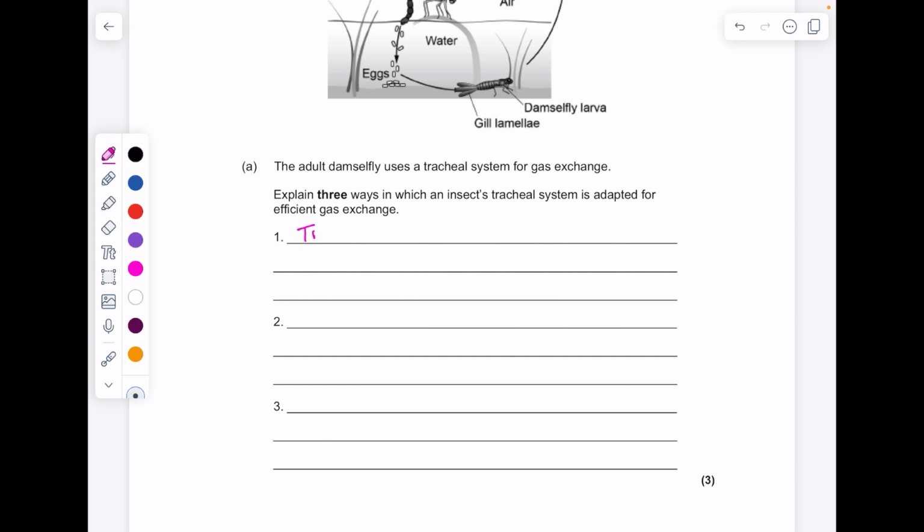Let's start by saying that the tracheoles have thin walls. We have to explain our answer, so say why that's of benefit. So the diffusion distance is short.